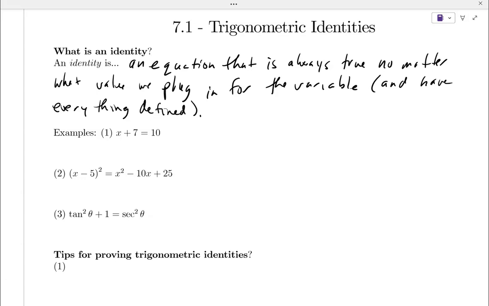All right. So that first equation that I just alluded to a minute ago, would this be an identity? Is this always true no matter what we plug in for x? No, right? In particular, what value do you have to plug in for x in order to be able to get a true statement? A 3, right? So we refer to this type of equation as a conditional equation.